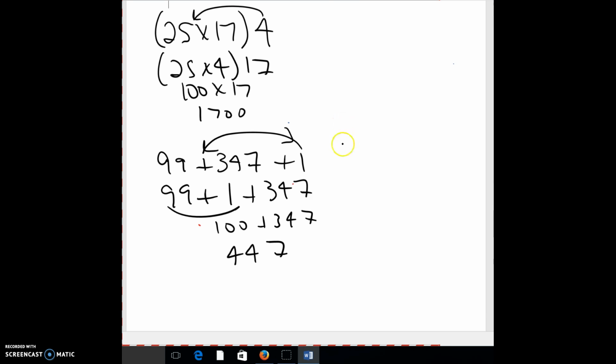And again, sometimes we just group. Say I have 48 plus 99 and then plus 1 out here. And I'm like, well, I'd rather group these together. I'm not moving anything, but I'd just rather group these together.